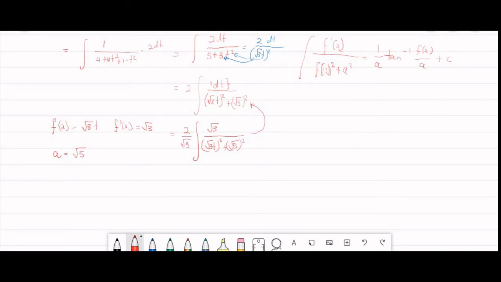Now 2 over the square root of 3, when I multiply it with the square root of 3, will give me 2, because a square root cancels a square root. So now we can apply our formula, because we have f prime, we have f at x, and we have a. So we can say 1 over a, where our a is a square root.